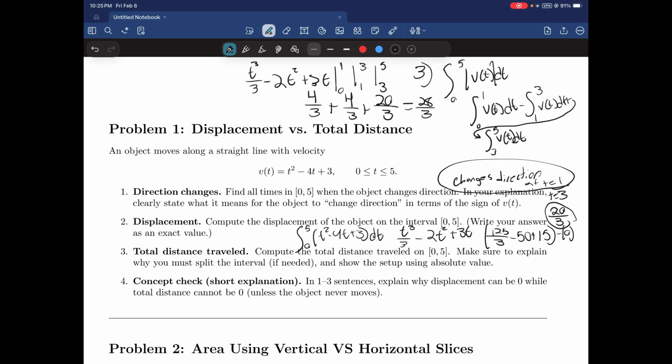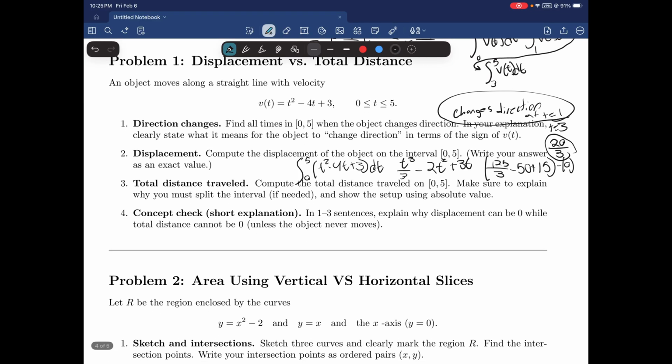And then what's number 4 say? Concept check, short explanation. In 1 to 3 sentences, explain why displacement can be 0 while total distance cannot be 0. Because displacement is how much it's moved from the origin, how far it is from the origin.